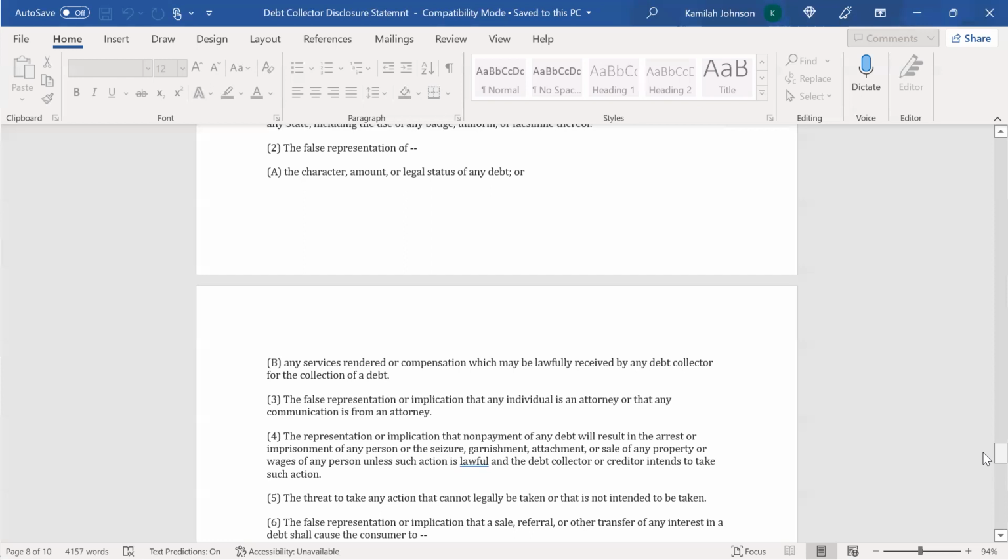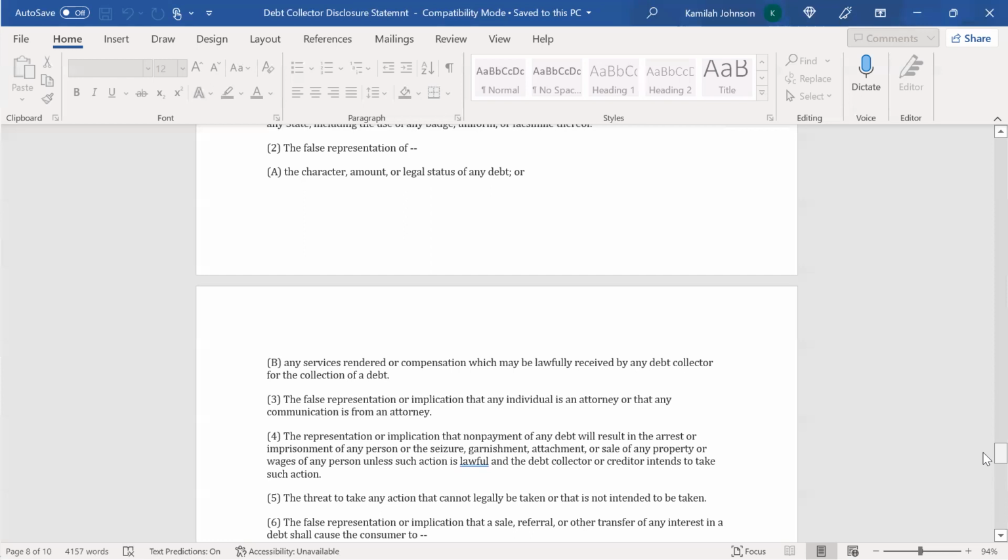Once you submit this document, after the 10th day, you will contact the CFPB and put in a complaint using the template. I've submitted the template that you need to put in your complaint in the instructions.